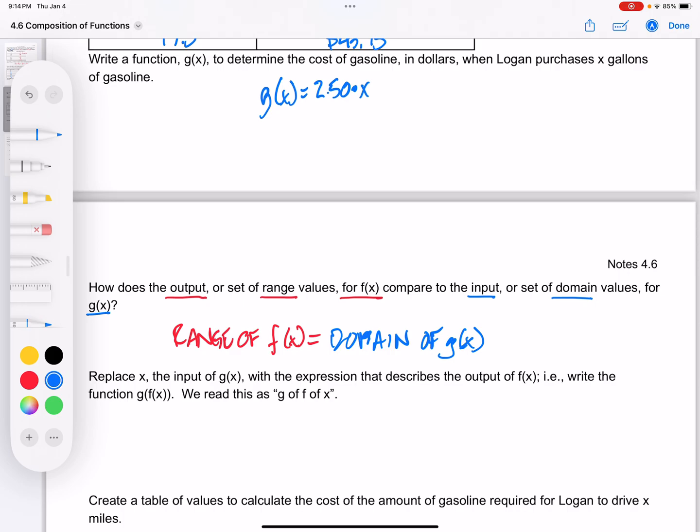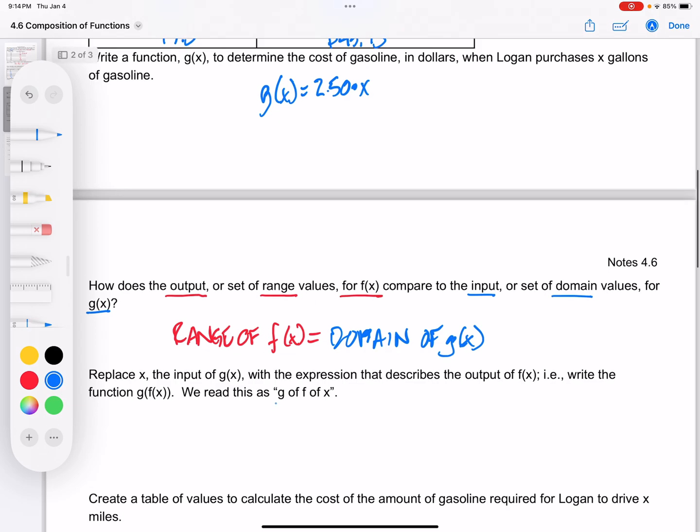So replace x, the input of g of x, with the expression that describes the output of f of x. I write the function g of f of x. We read this as g of f of x. All right. So we know that g of x is 2.50 times x.